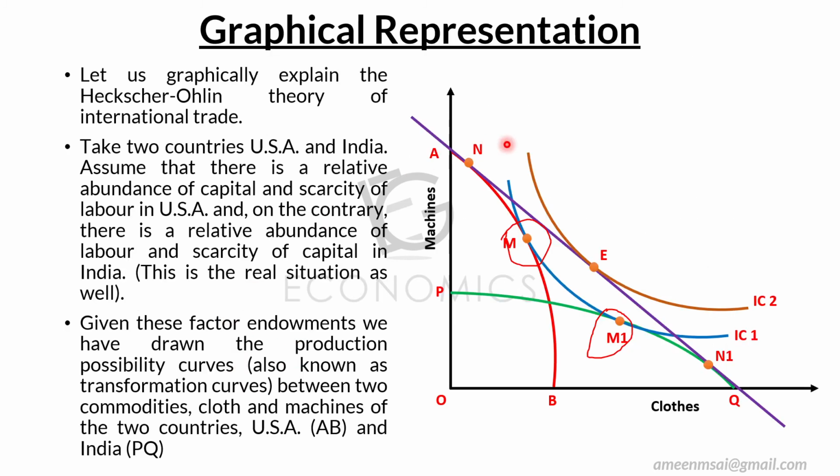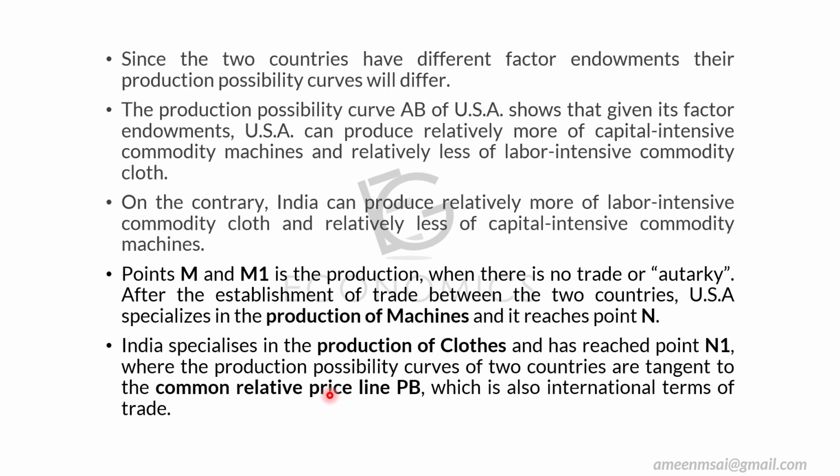When both countries get into international trade, USA will specialize in machines because it is a capital abundant country and will produce the capital intensive good, reaching point N. On the other hand, India will reach point N1 because it is a labor abundant country and will produce the labor intensive good, cloth.